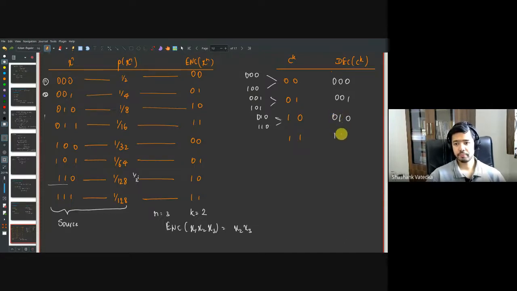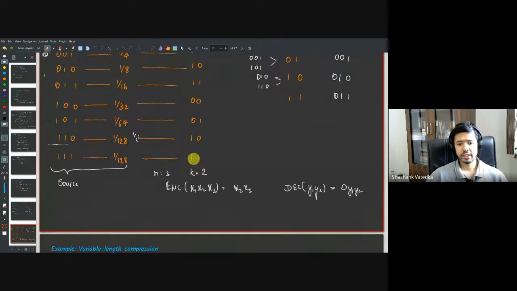And 011. So this would be the decompressor. Given whatever y1, y2, it is going to output 0, y1, y2.